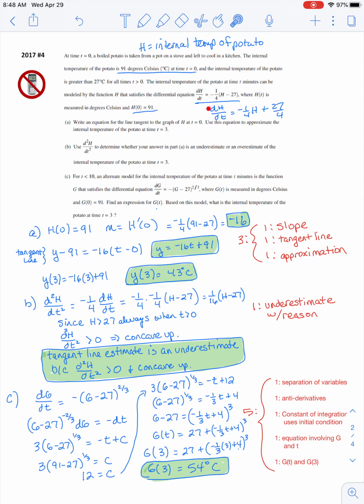The derivative of negative 1/4 h plus 27, I need to point out we're taking the derivative of h with respect to t, but my variable is h. So we're going to have a chain rule, and it's going to be negative 1/4 dh/dt. So the second derivative is negative 1/4 dh/dt.